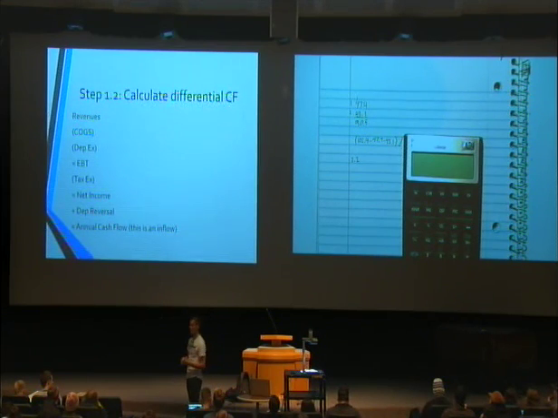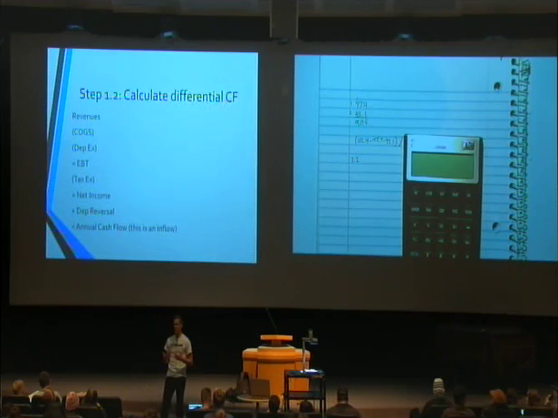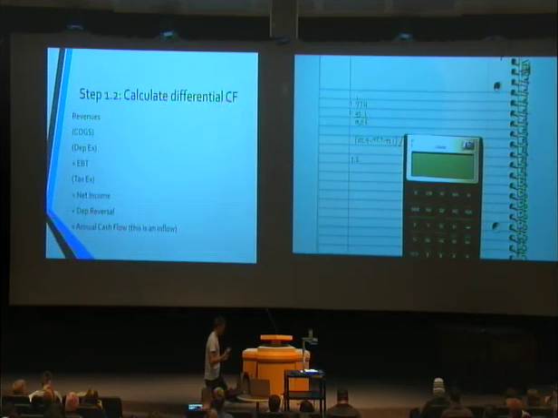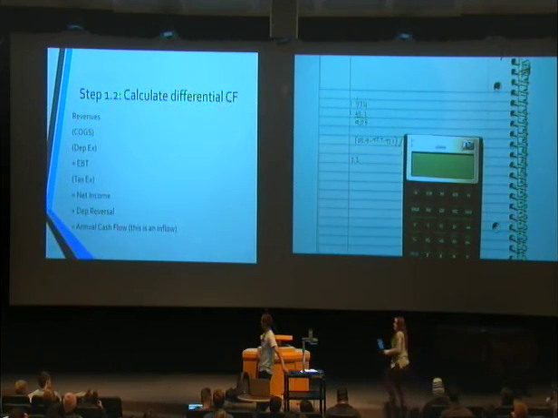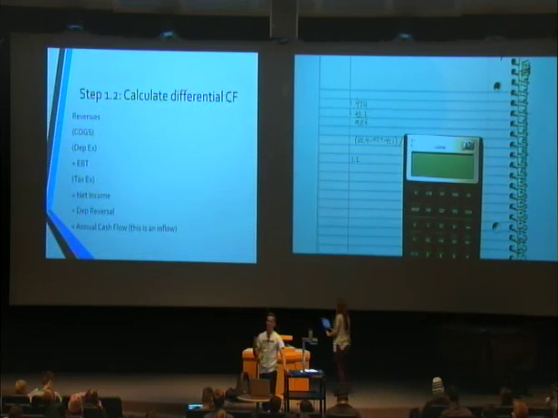We need to pay less taxes when we do that. So this gives us our earnings before tax, and we take out our taxes from our earnings before tax, gives us our net income, and then we do a depreciation reversal because, remember, it's a non-cash expense, and we're looking for annual cash flows. So we add back our depreciation, and this gives us our annual cash flow as a cash inflow.